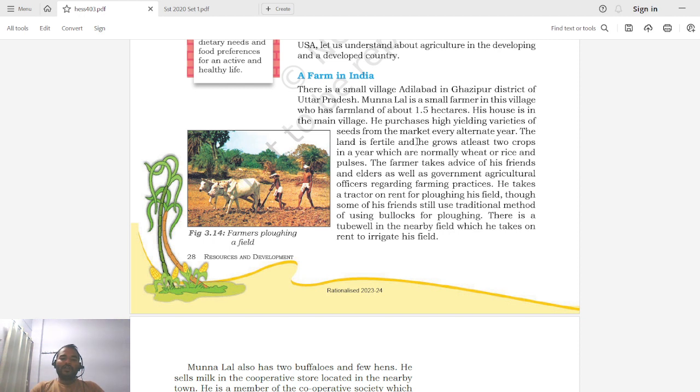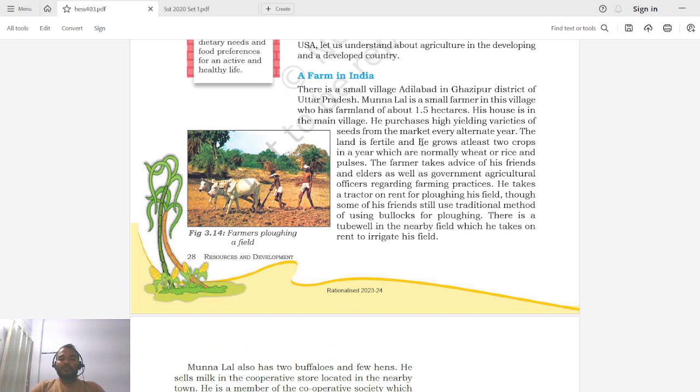The land is fertile and he grows at least two crops in a year, which are normally wheat or rice and pulses. So first crop is either wheat or rice, in one season, and in the other season he grows any of the pulses, right? So it means that during a one year cycle he is able to produce two crops.